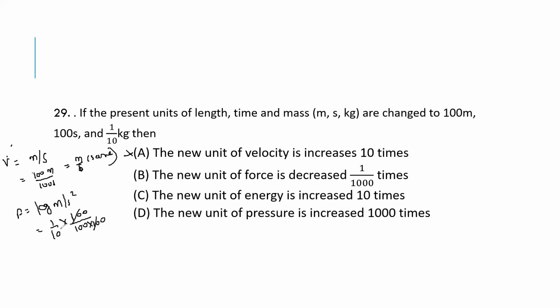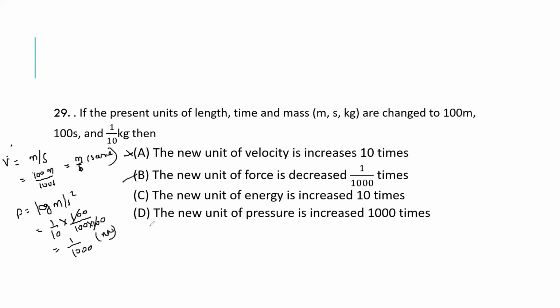Then you will get 1 divided by 10 into 100. 10 into 100 is how much? It is 1000. Therefore it is 1 divided by 1000. This is the new unit, which is not the same as the given unit. Therefore the new unit of force decreased by 1 upon 1000 times. So this seems to be correct.